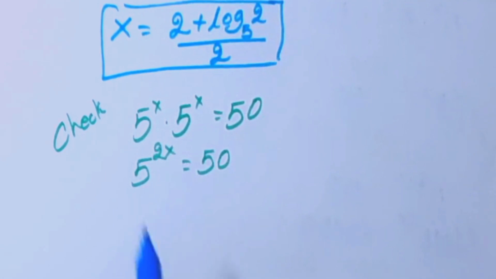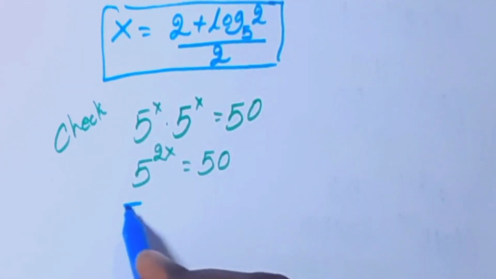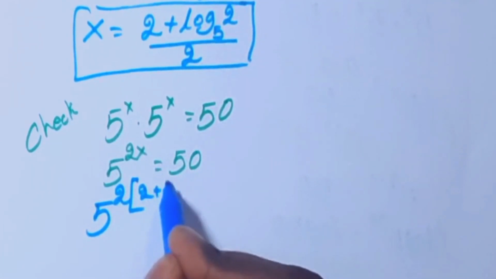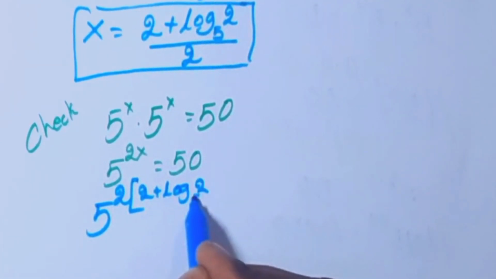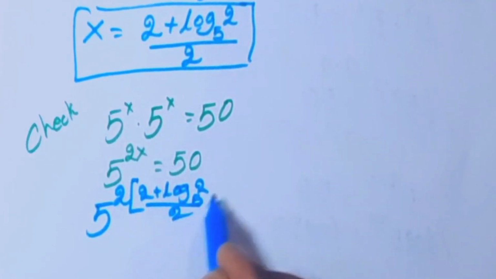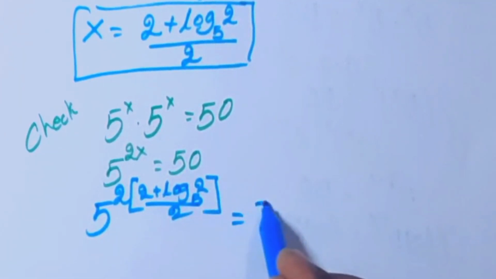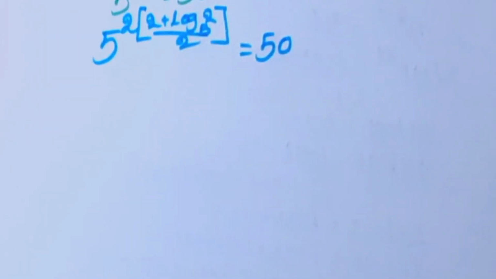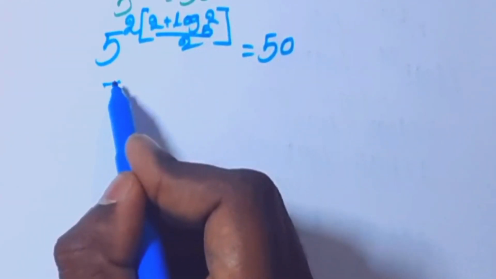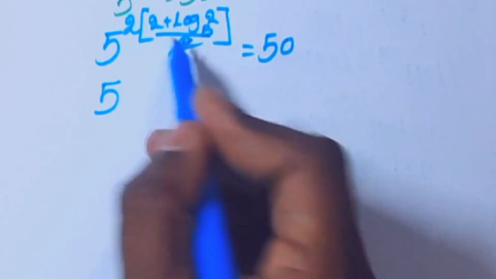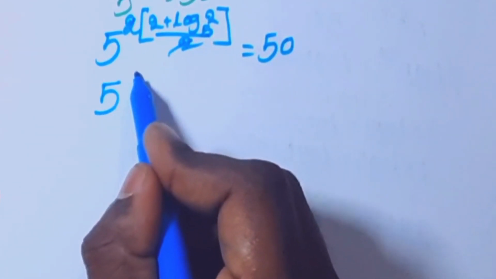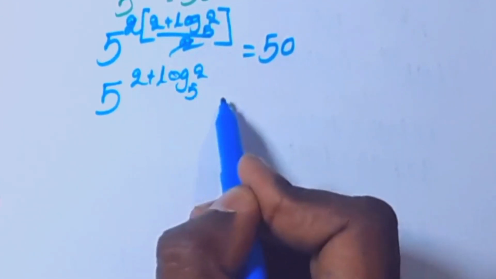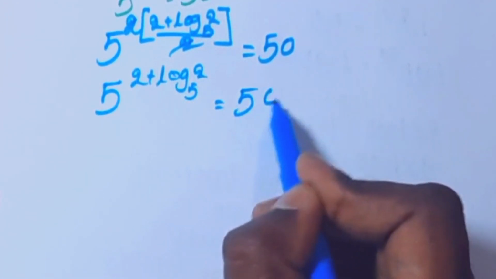So we'll get 5 power 2 times (2 plus log 2 base 5) by 2 equal to 50. Now this 2 cancels this, so we have 5 power (2 plus log 2 base 5) equal to 50.